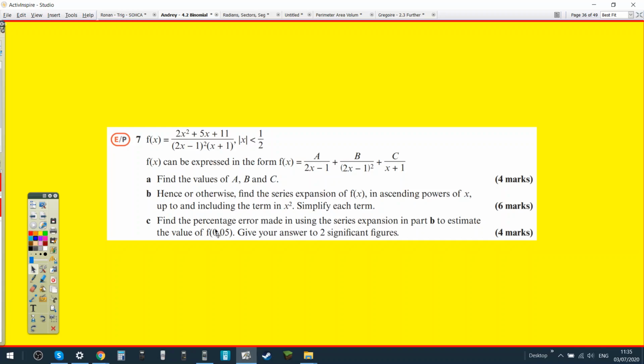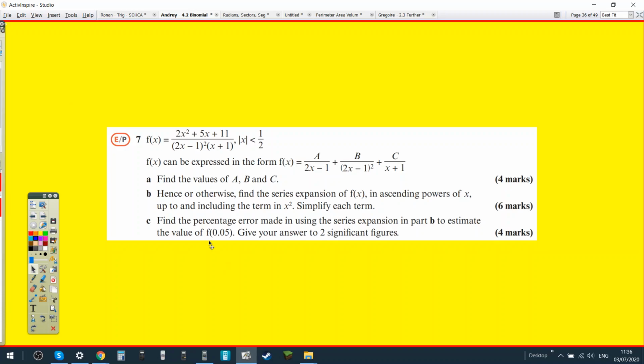And once you have that, then it has find the percentage error. Find the percentage error to estimate the value of 0.05. Do you remember how to do percentage error? Was it like new value minus initial value over initial value times 100 or something like that? Yes.